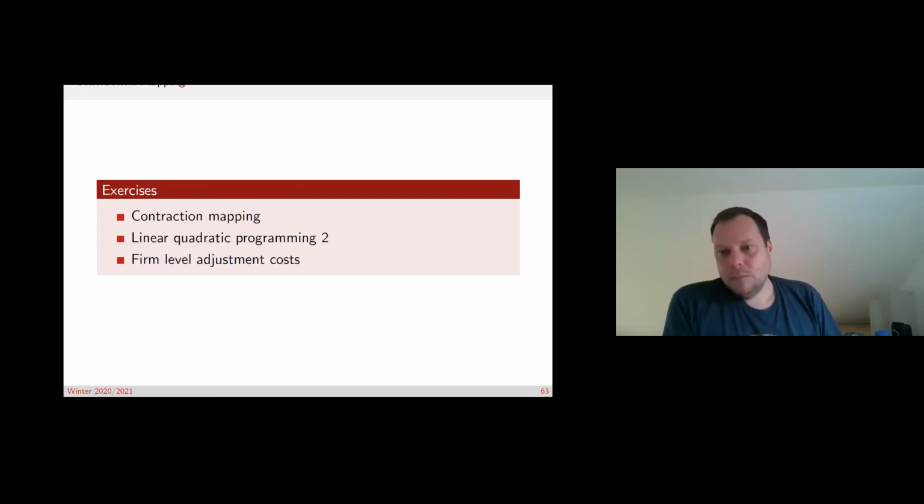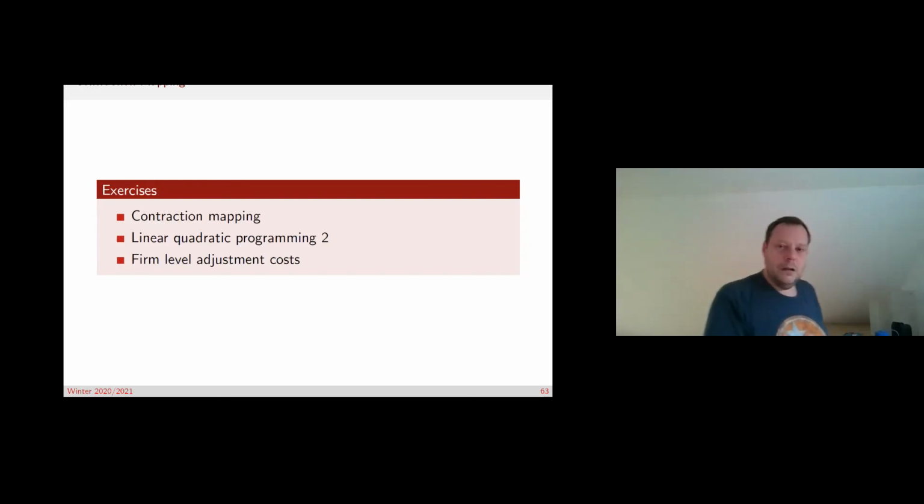But I think the linear quadratic case is also good to know, because once you know the linear quadratic problem, which is just a special case, then you have a modeling framework at hand that allows you to deal with a large number of states and a large number of control variables, which is not possible in the general case for numerical reasons.